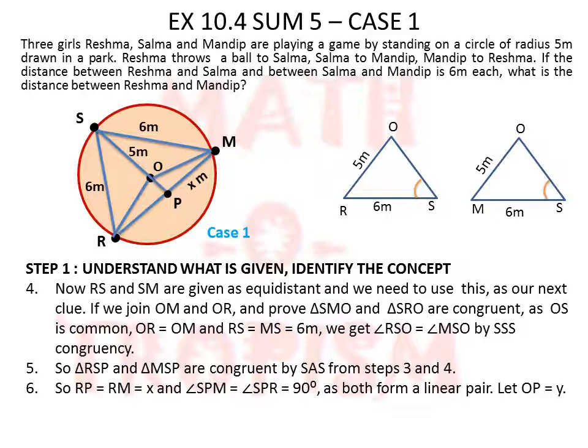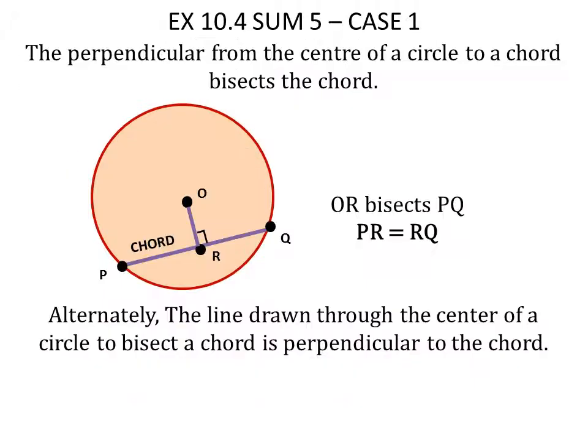Or we can also take, since OP is cutting RM into two equal halves, from the theorem that a line joining the midpoint of a chord and the center is perpendicular to that chord.